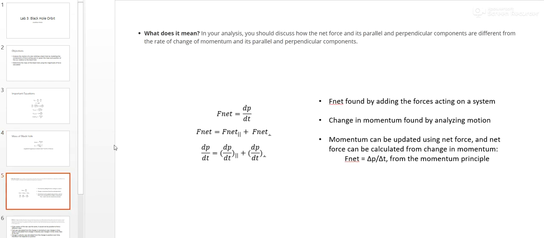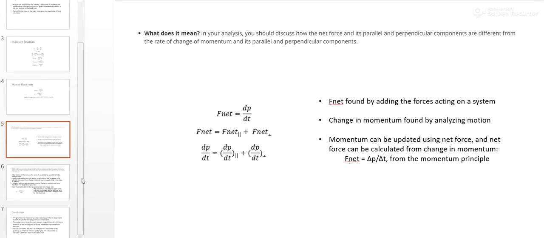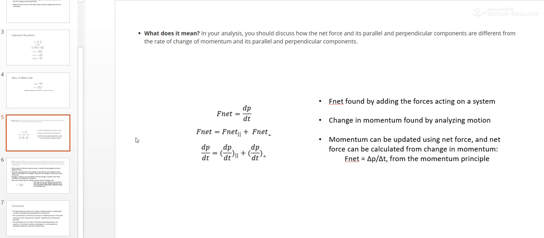When considering how Fnet relates to the change in momentum, I looked at the equation Fnet equals dP over dt, and also Fnet equals Fnet parallel plus Fnet perpendicular, which means the parallel components of Fnet and the change in momentum, as well as the perpendicular components, are equal in magnitude and direction.